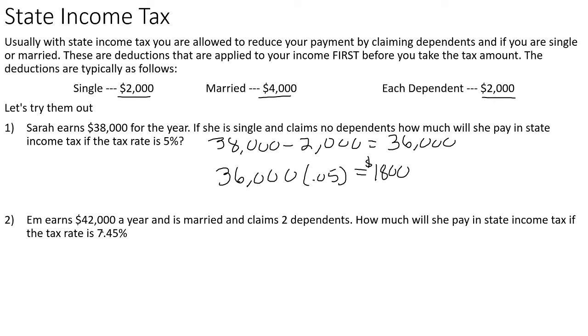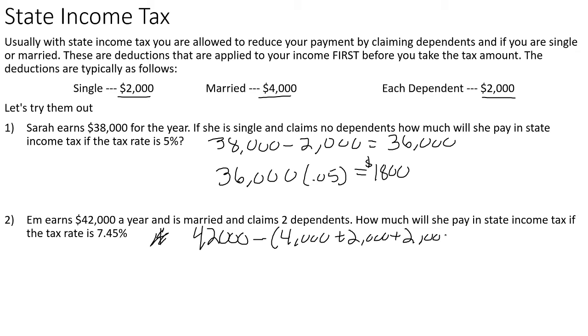Here is the same deal, but she's married and claims two dependents, so she's going to take more out. So we're going to have 4,200. Ugly. 4,200 minus, let's see here. She's married, so that's $4,000. And then two dependents, so that's another 2,000 for each dependent.